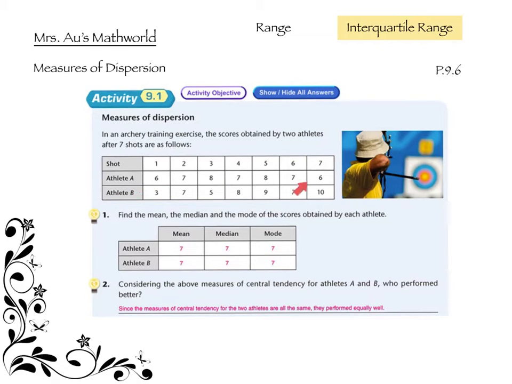For FLIP-A, many of them come from 6 to 8, but for FLIP-B, you have 3 and 10. The mean, median and mode, which you learned in Form 3, are called central tendency. Central tendency means how middle it is, the three averages we have learned before. But then we cannot see which one performs better.